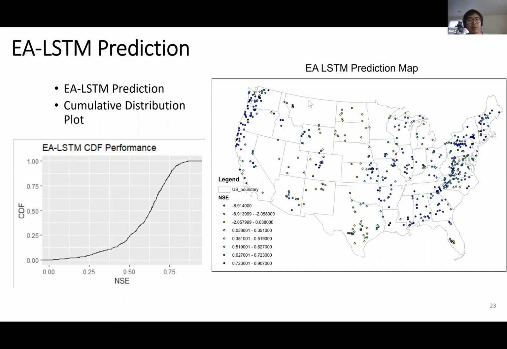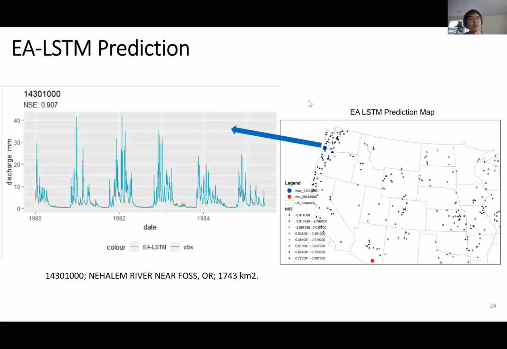As long as they're above 0.5 or 0.6, they're deemed satisfactory model predictions. But we can still observe gauges or basins that the EA-LSTM is not good at. So it shows the limitations of this EA-LSTM architecture for predicting streamflow. There are some limitations in the architecture itself. But still, it's an improvement to account for basin similarities.